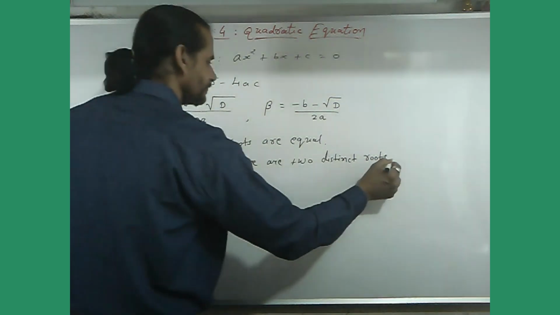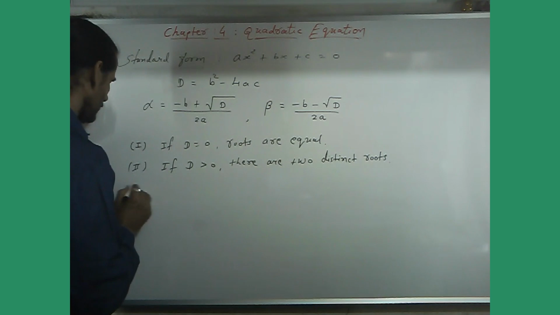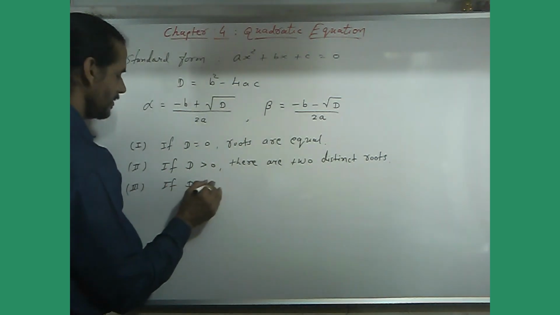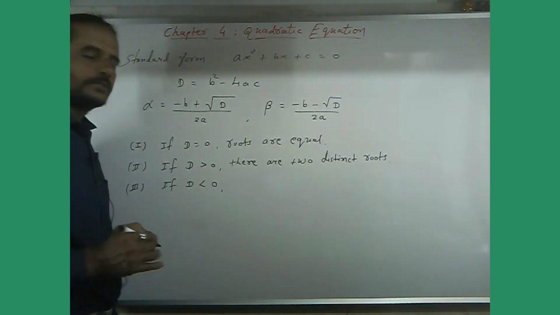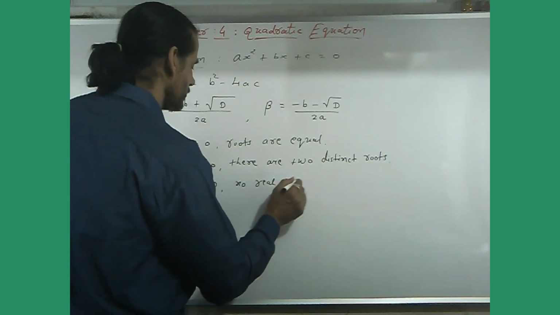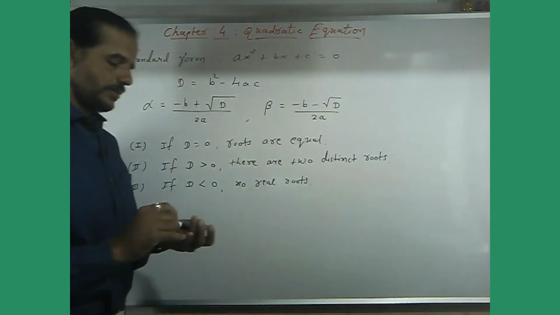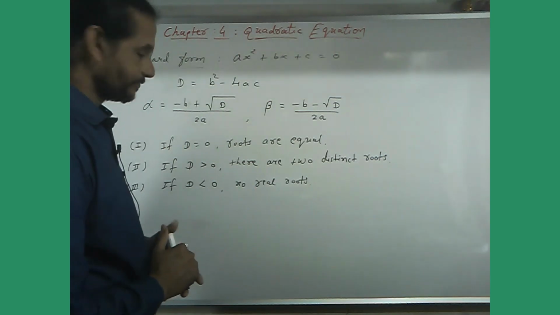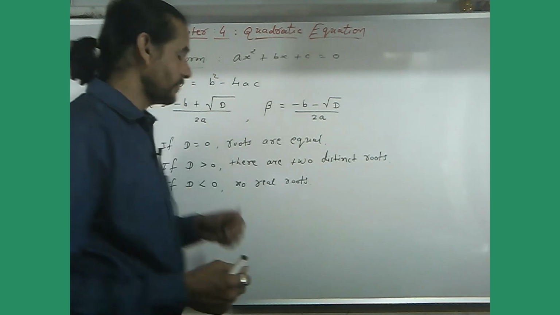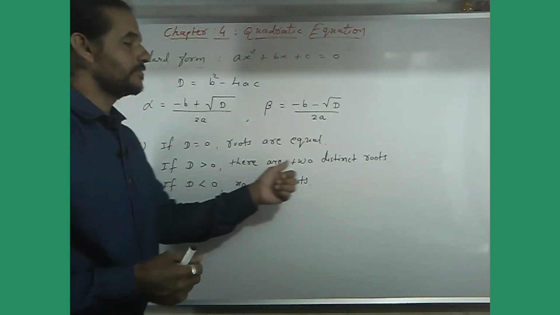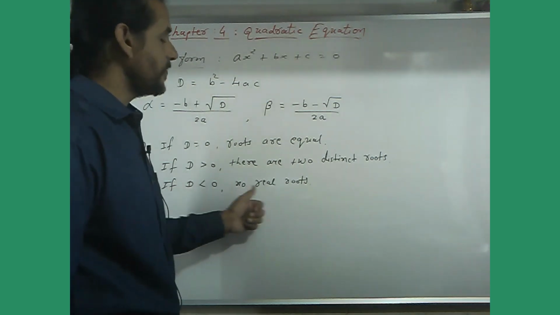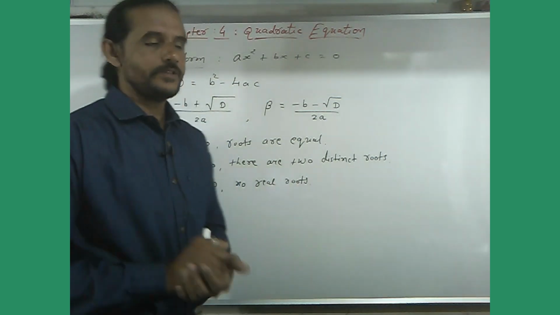And third one, if D less than 0 means no real roots. We have three conditions. If D equal to 0 means roots are equal. If D greater than 0, there are two distinct roots, and if D less than 0, no real roots. Okay, remember it.